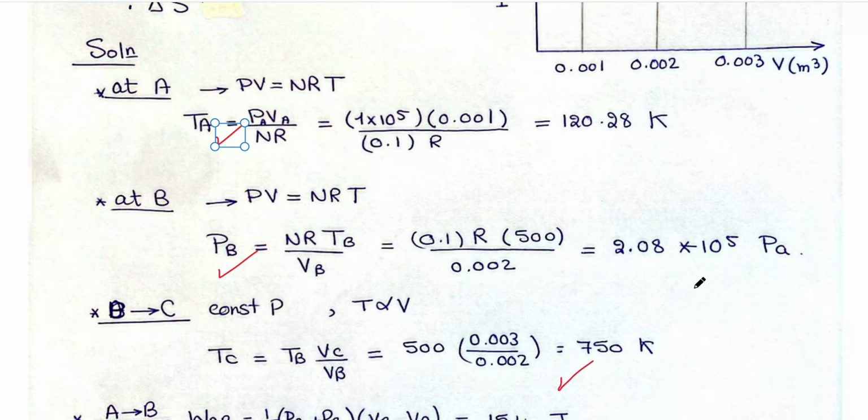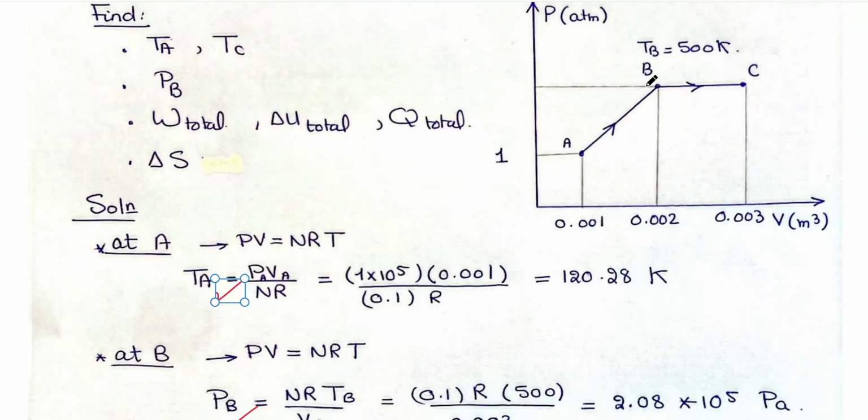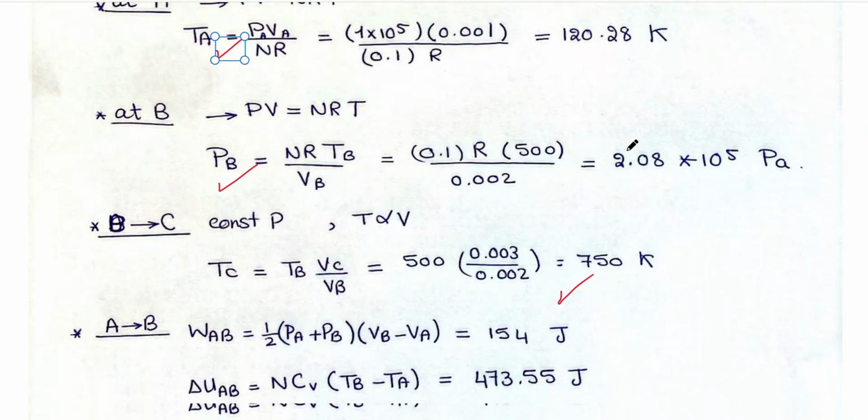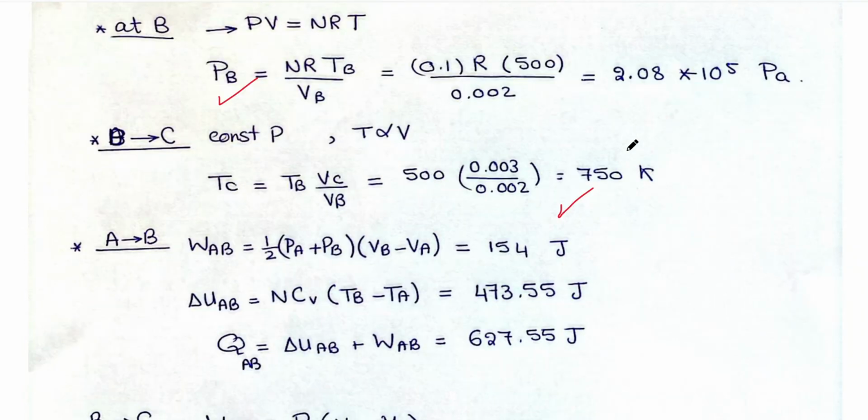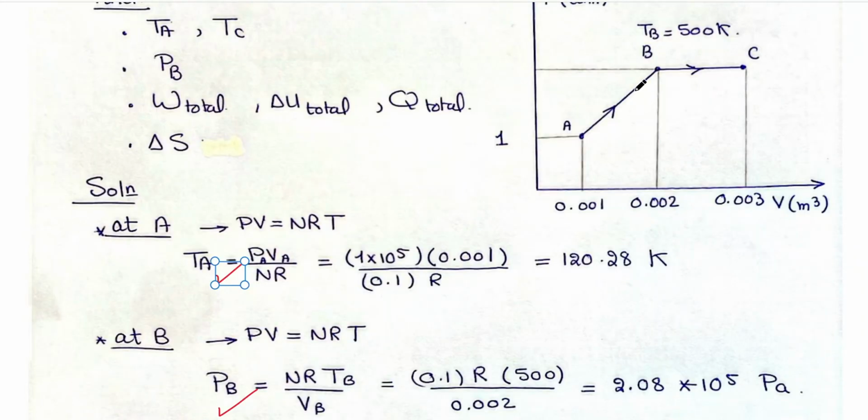Now I want to get the work, the change in internal energy, and the total Q. So I will take it one step from A to B, then from B to C, and then add each item. When you are calculating from A to B, how to calculate the work? Calculate this area. Area of a trapezium will give you the work.